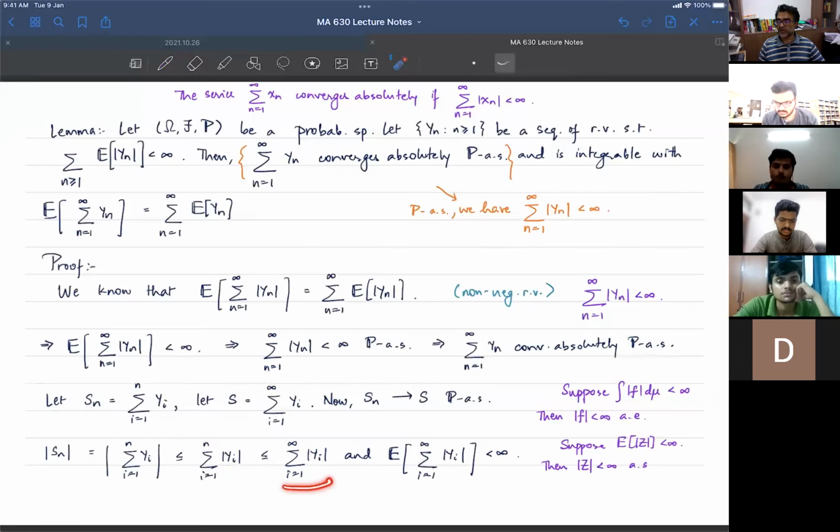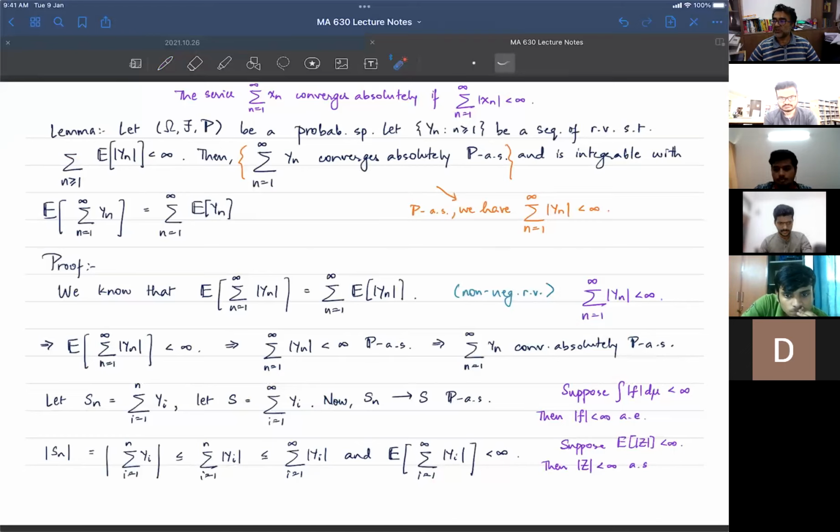Right? Because when you have a series with non-negative terms, the more terms you add, the bigger it gets or it stays the same. All right, so you have the absolute value of Sn less than or equal to the sum i going from 1 to infinity of the absolute value of yi. And what do we know? We already know that the expectation of the sum i going from 1 to infinity of the absolute value of yi is finite.